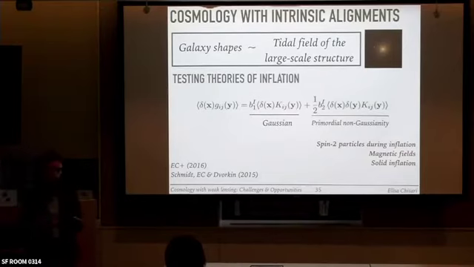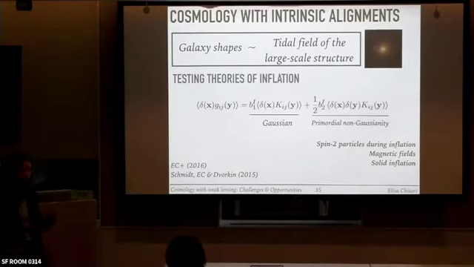This is the simple model that we know works for elliptical galaxies in, for example, the Sloan Digital Sky Survey today and many other surveys as well. Now, if the universe is non-Gaussian, which can happen in different models of inflation, like this one listed here, then you can get an additional contribution to that alignment.